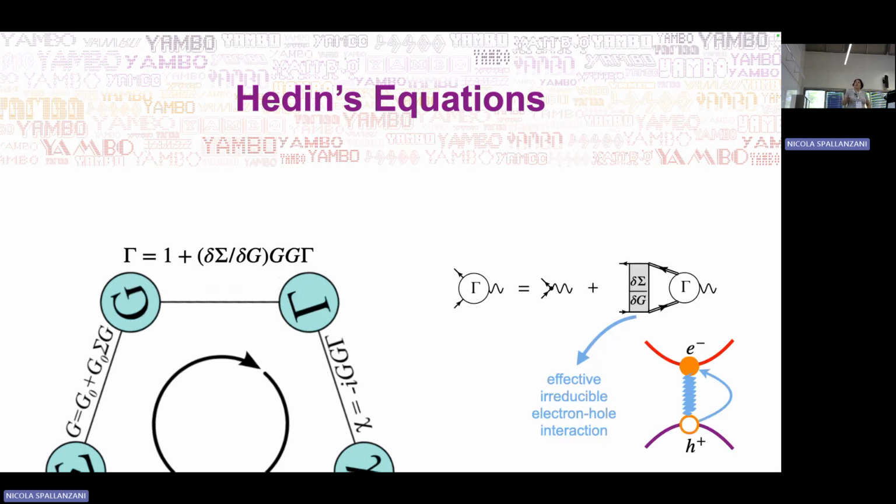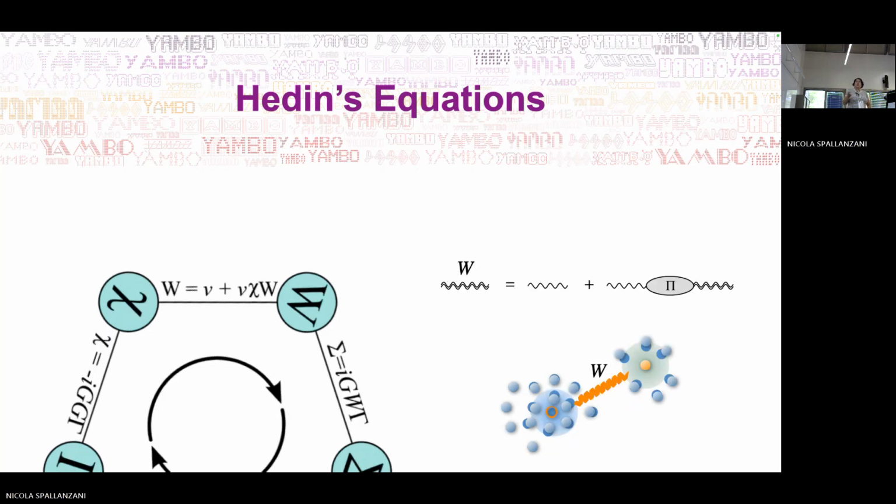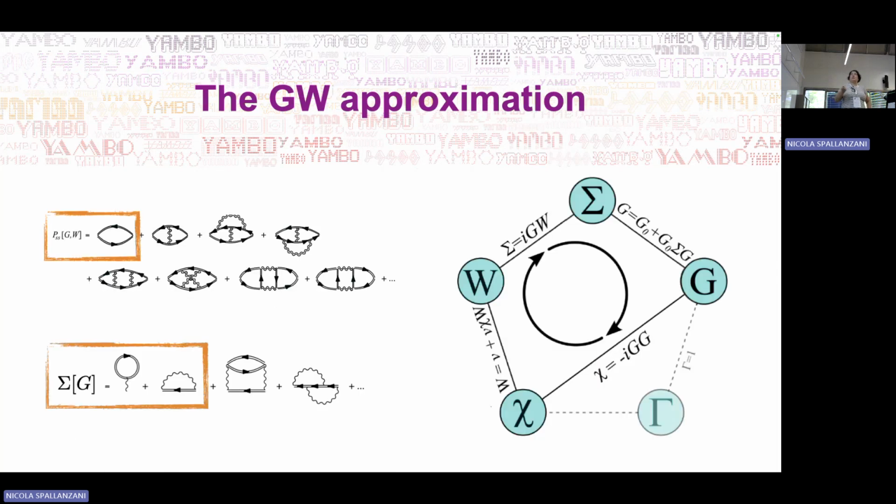Then we rotate the pentagon. We have to solve this vertex here, again in terms of the self-energy and the Green function. The complicated part of this vertex includes an effective electron-hole interaction that we'll neglect in the GW calculation. We have our response function, the screened interaction between our quasiparticles, and the self-energy. And we go back, rotating the pentagon to the first equation.